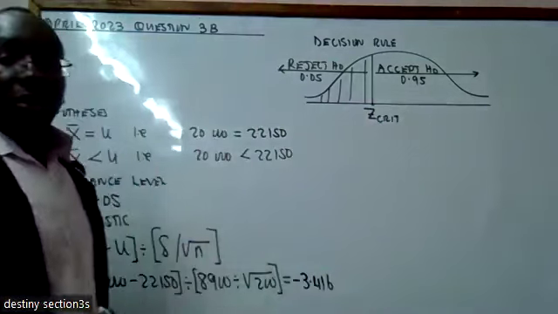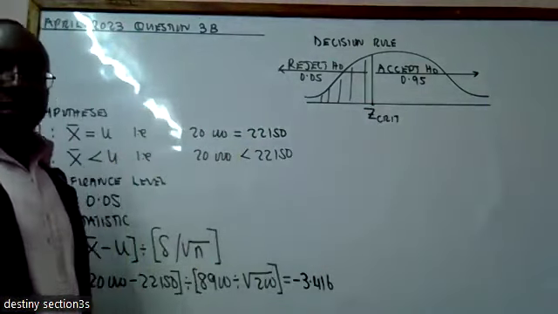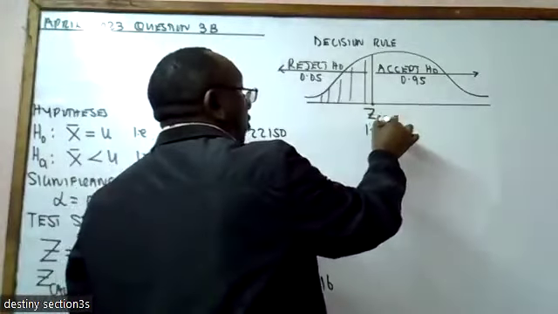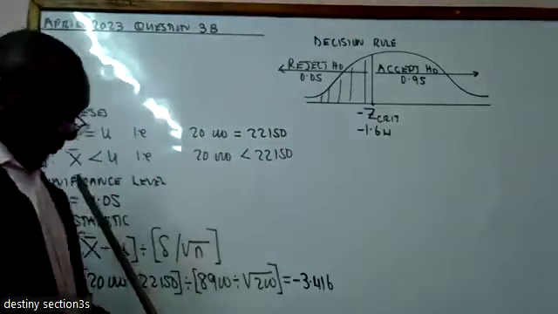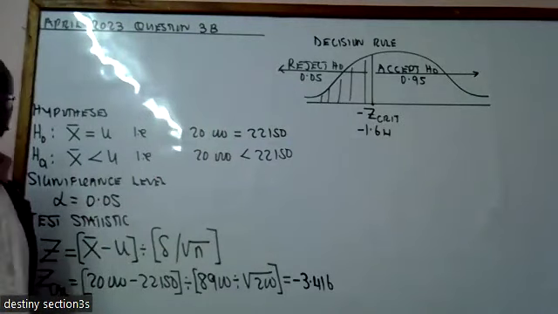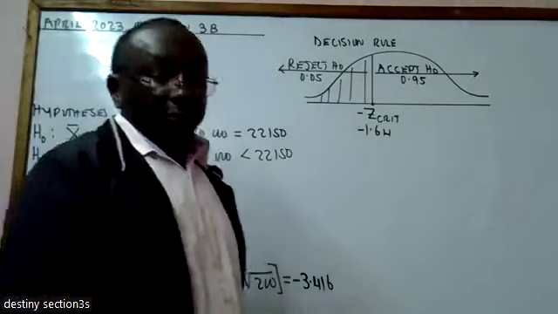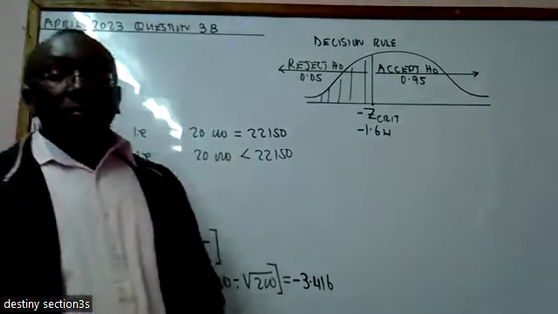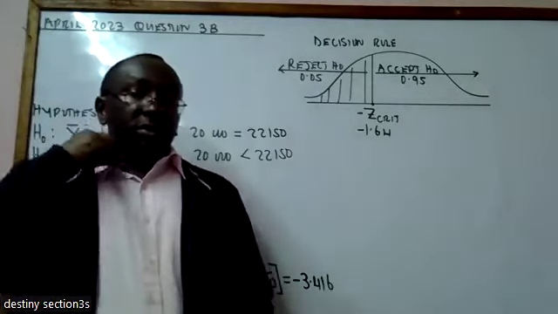And again, when it is one tail, the value of Z, I told you, should always be 1.64, negative on this side. At two tail, it is 1.96. At one tail, it is 1.64.